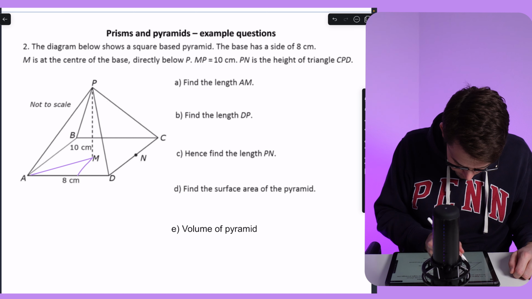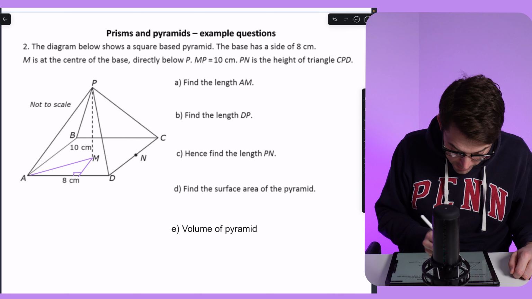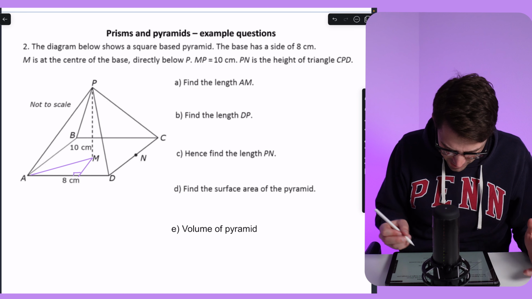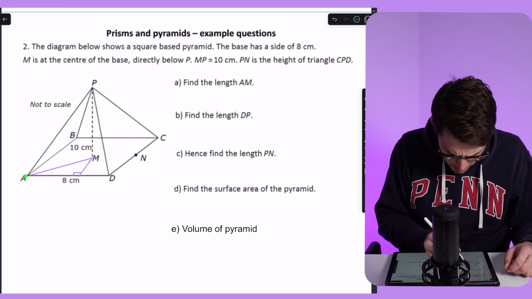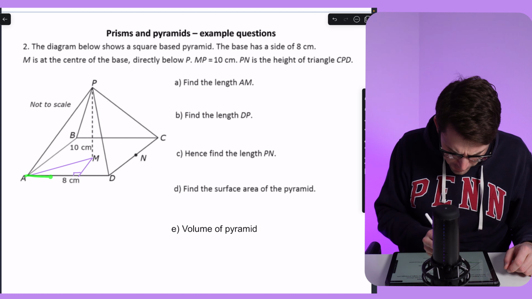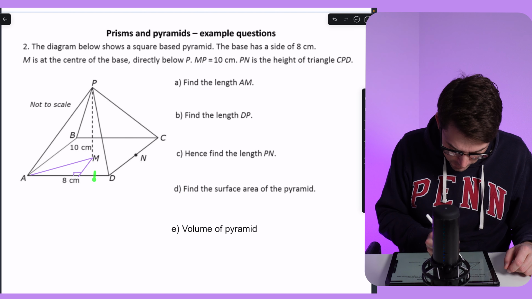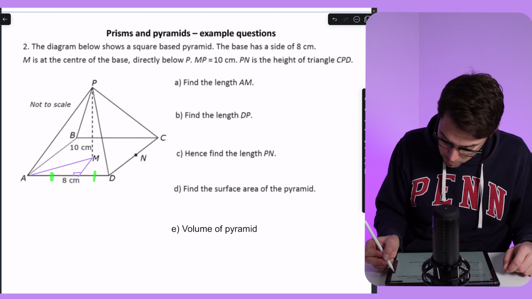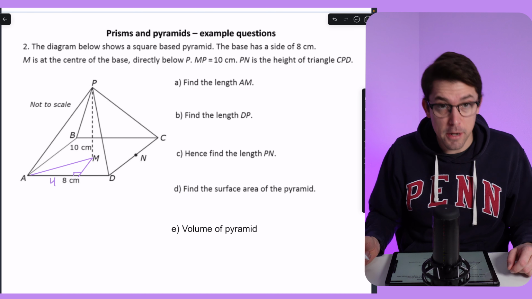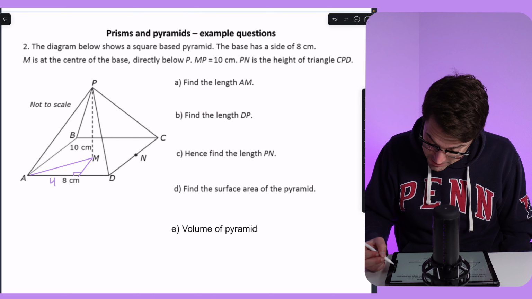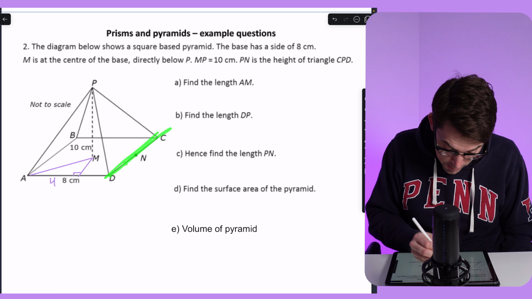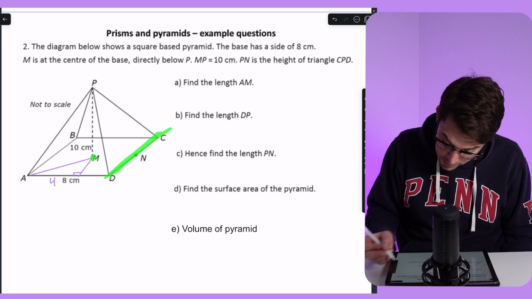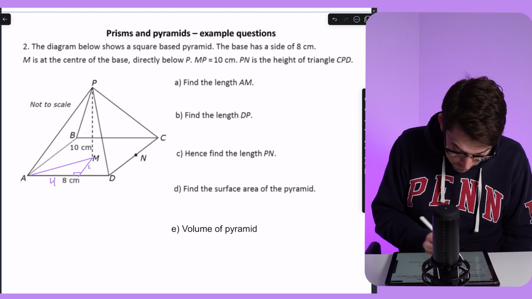All right, it's important to know that this makes a 90-degree triangle here. Again, it's not exactly to scale. It's kind of hard to represent it with my iPad right now. But if this whole thing is 8, we're going to pretend that this is perfectly in the middle in the drawing, and see that that is actually going to be 4. And since this is 8 right here, and M is in the middle, this is going to be a length of 4.